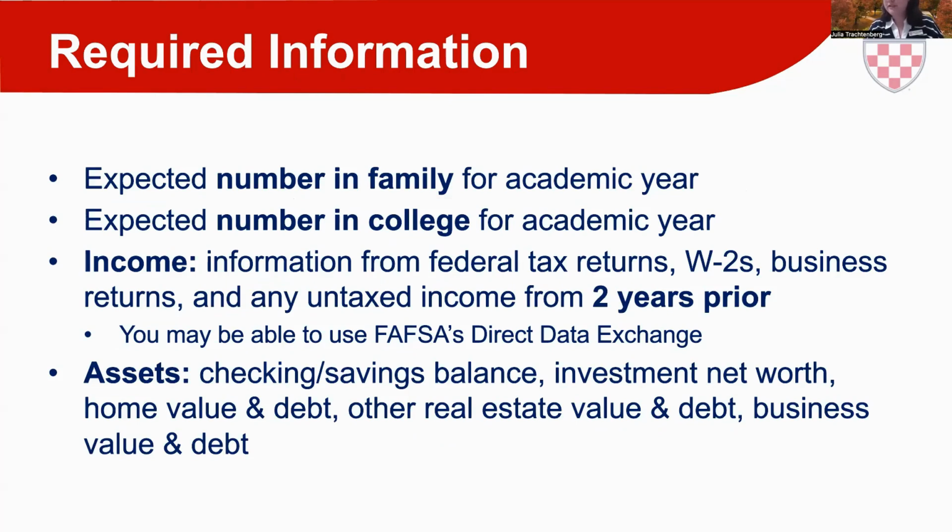When you're completing your FAFSA, that information is likely going to be directly imported from the IRS onto your FAFSA application using the FAFSA's direct data exchange. However, when you're completing the CSS profile, there's no direct exchange with the IRS there, so you will need to have those tax returns available in front of you to help you answer those questions.